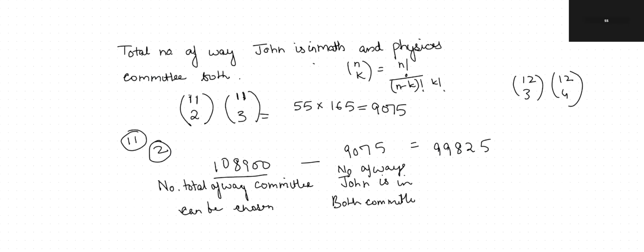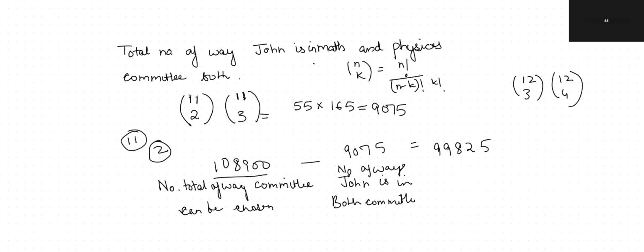So how do we find when he is in both? When he is in maths, 11 members are left and we have to choose only two, because John is already chosen. So 11 choose 2 gives the ways when John is already in the math committee and we choose the other two members from the remaining 11.